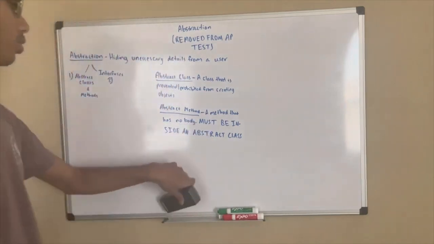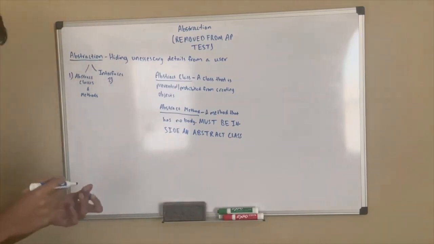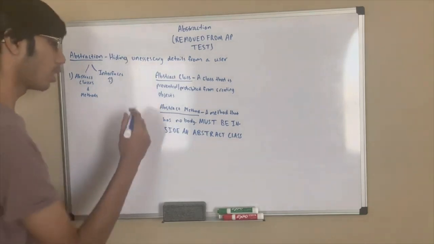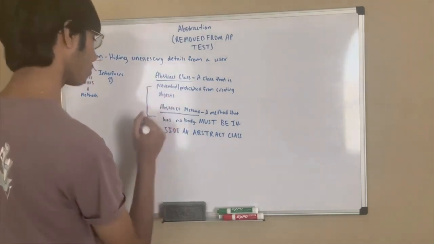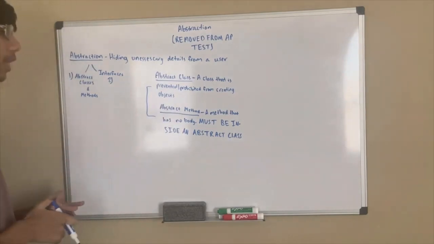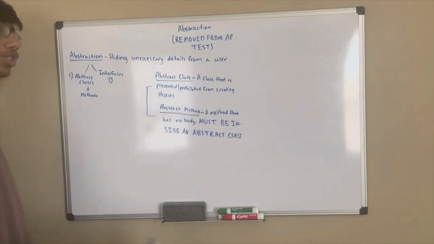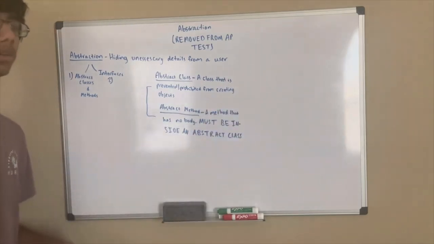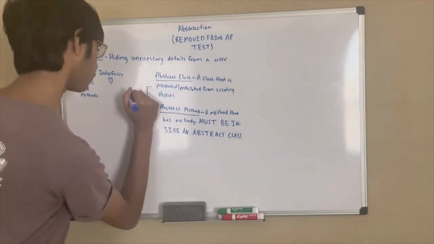There we go. So 2 words that we have defined. An abstract class, a class that is prevented or prohibited from creating objects. By the way, an abstract class and an abstract method in Java are defined using the abstract modifier. I've talked about the abstract modifier. That's just what it does. It makes a class abstract, it makes a method abstract when you put it in front of it. So defined in Java.